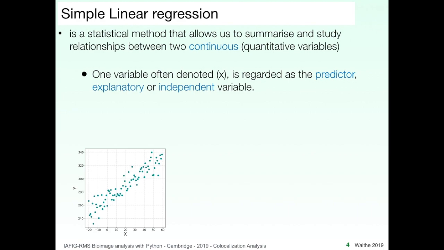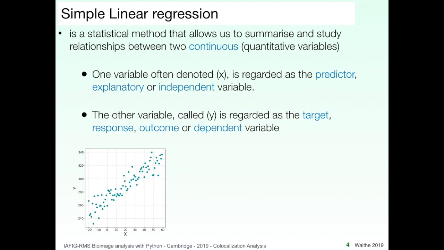But the definition I like to use the best is most often is the independent variable, so x is our independent variable. And then we have y, and y is known through other names as well, target, response, outcome, but I like dependent. We're looking to see if y is dependent on x, we call it the dependent variable.